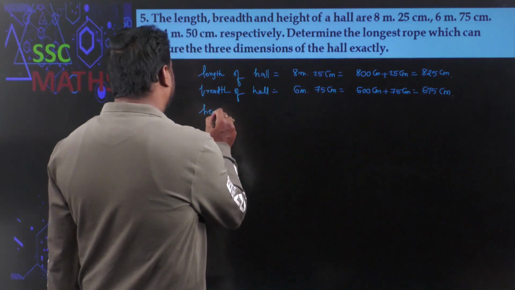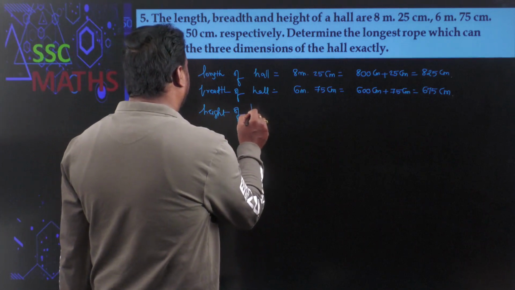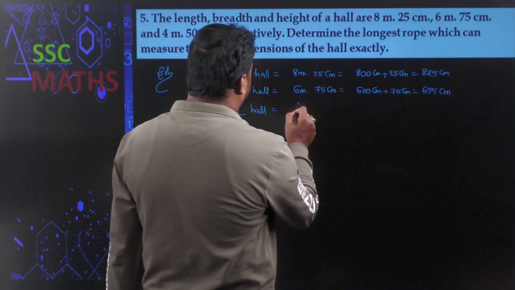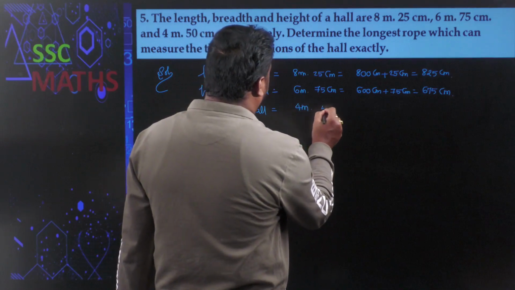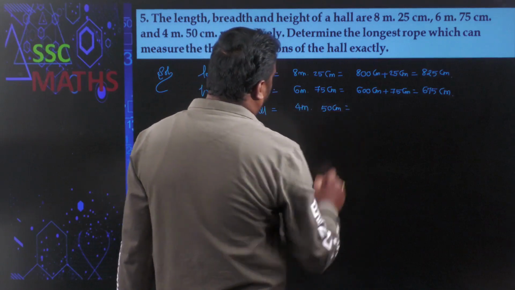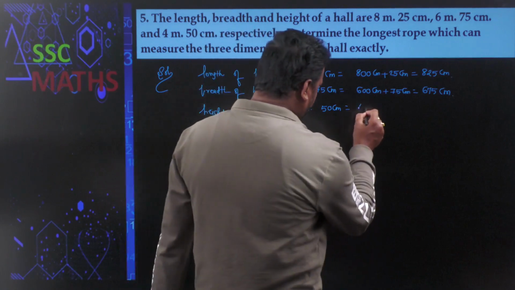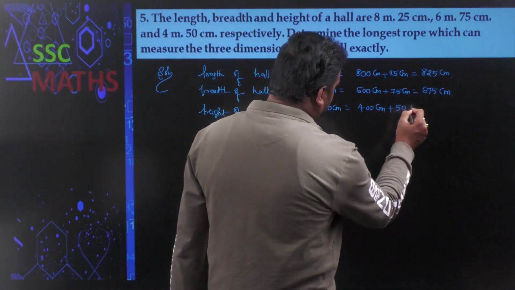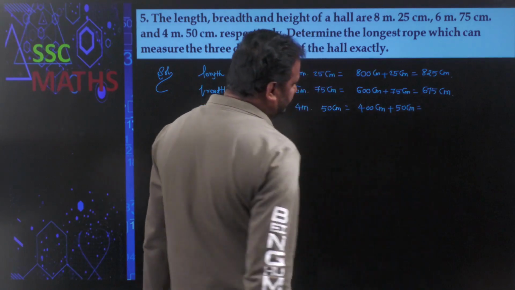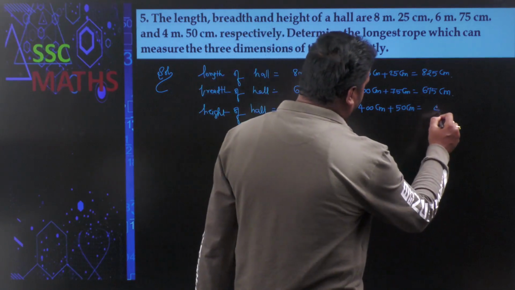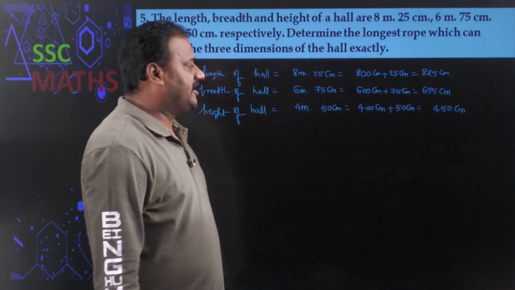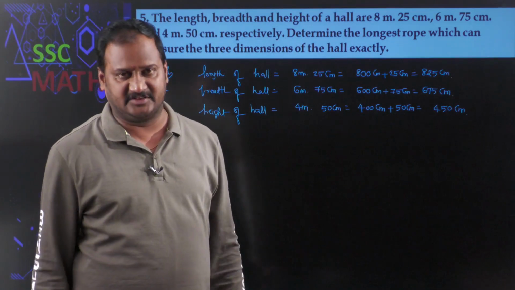The height is 4 meters 50 centimeters. 4 meters is 400 centimeters plus 50 centimeters, which is 450 centimeters. Now I have those three measurements in centimeters without decimals.